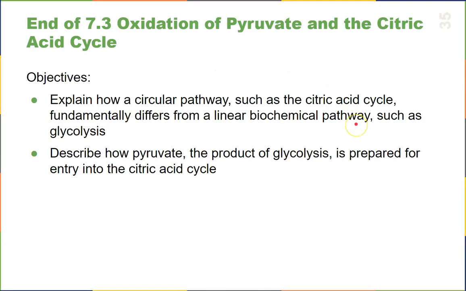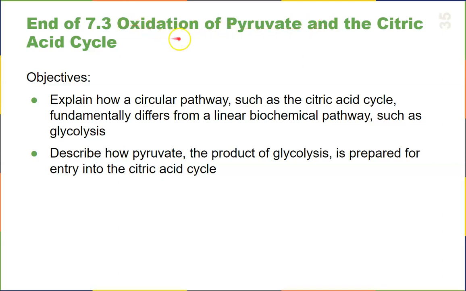Okay, so now we've covered the formation of acetyl-CoA, oxidation of pyruvate, and the citric acid cycle, which is the Krebs cycle. So hopefully now you can tell me the reactants and the products, so what goes in and what comes out of both of these, and then hopefully you can tell me the major goal of both of the reactions.